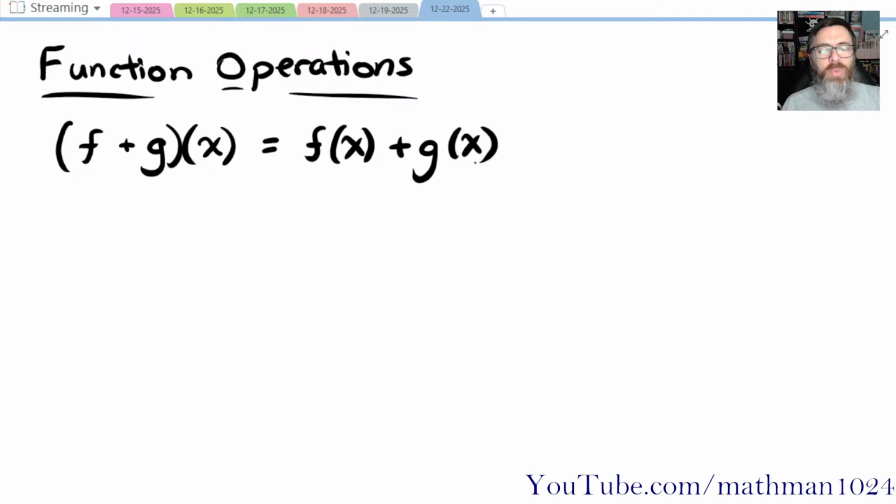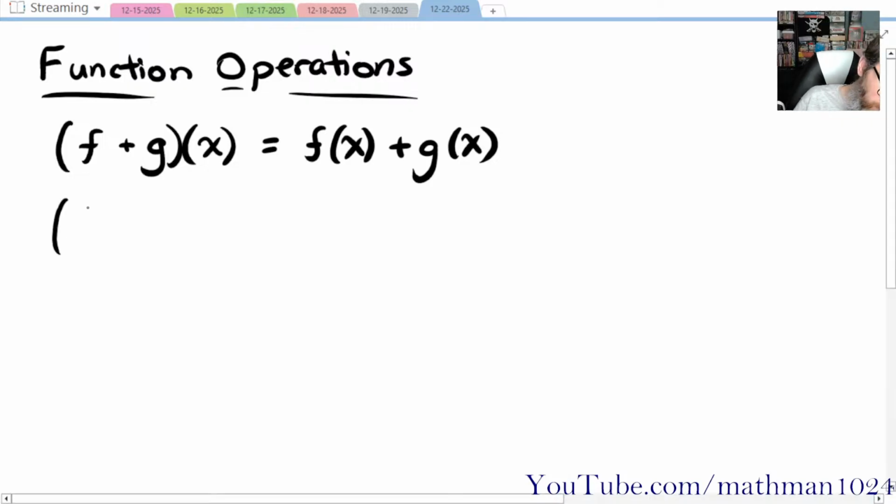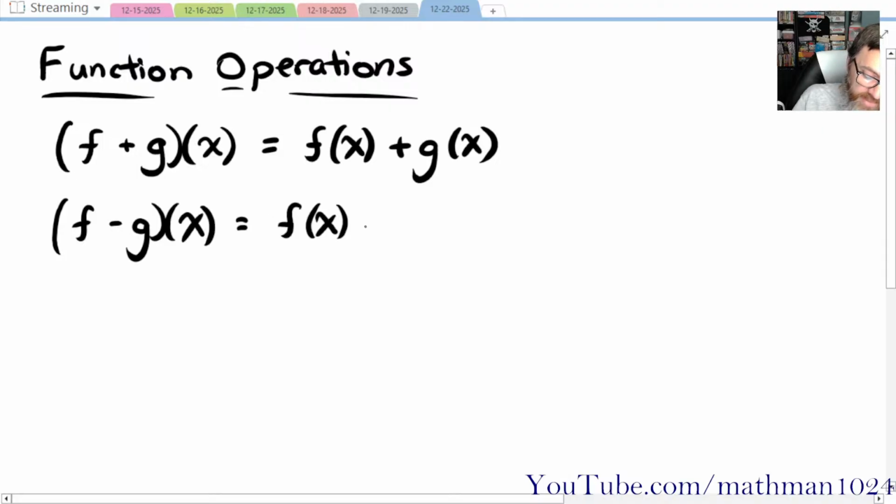It means we're doing the functions f plus g of the variable x. If I do f minus g of x, that may be rewritten as f of x minus g of x. Again, that hopefully will make sense.